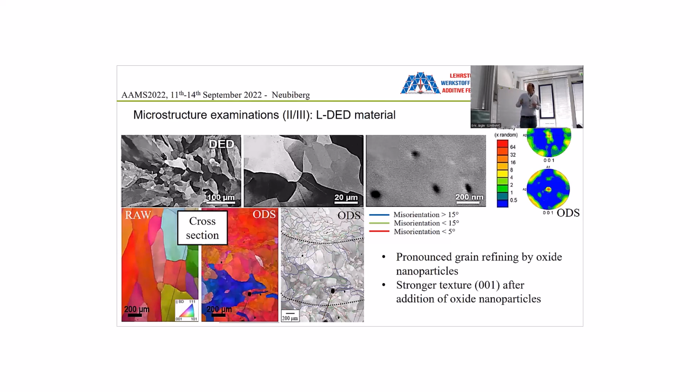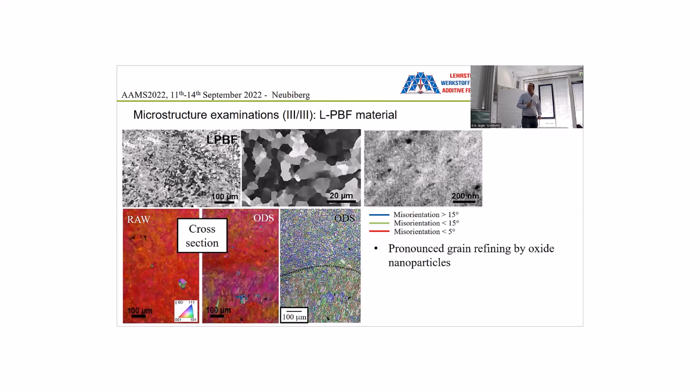We also did some XRD and had a look at texture here, and saw that we actually have a stronger texture even after addition of oxide nanoparticles. To be honest, we are not really sure where this comes from. So you see, there's still a lot to do for us to see how we can proceed with this.